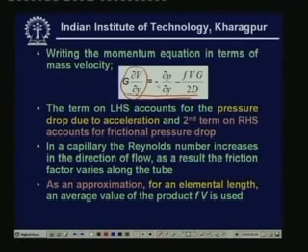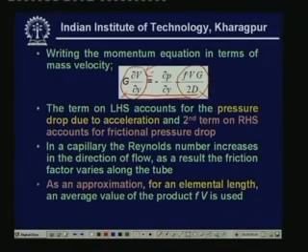As I said, pressure drop in a capillary tube is because of the acceleration and because of the frictional effects. This term accounts for the pressure drop due to friction, f is the friction factor, and the total pressure gradient dou P by dou y is a result of frictional pressure drop and acceleration pressure drop.